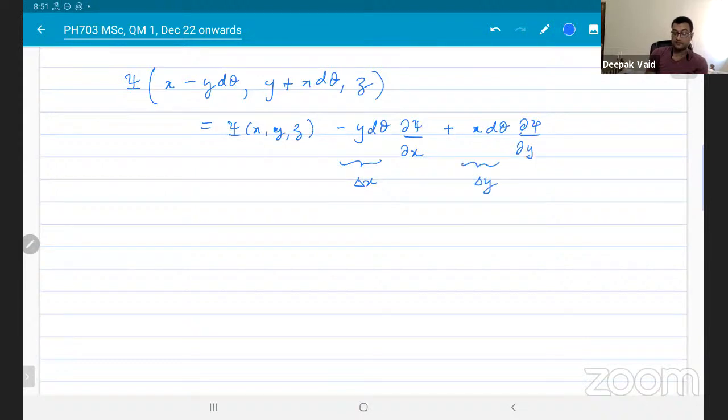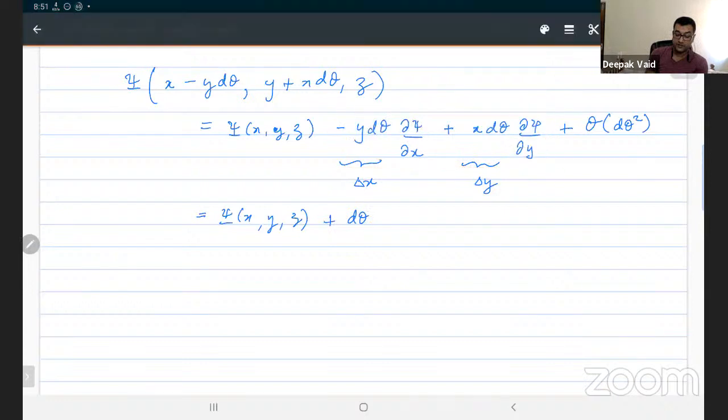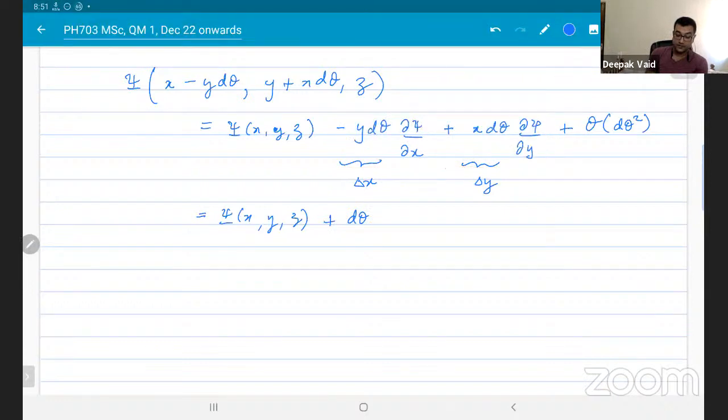This is delta y. And then you will get higher order terms, order d theta squared. For z, there is no change, so I don't have any term corresponding to z. Okay. Now what is this? This can be written as psi xyz. I will collect the d theta. d theta is common in these terms. I will collect that. Okay. And now you see, I can write this as x d by dy minus y d by dx acting on psi.